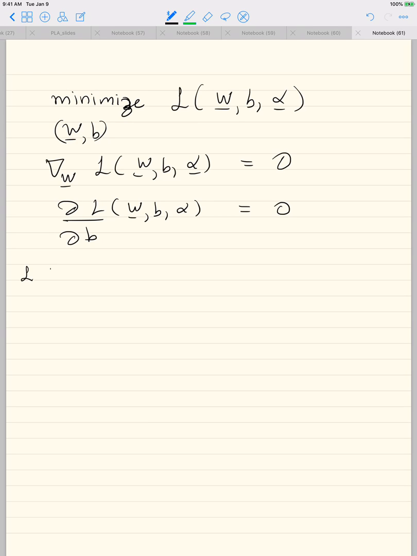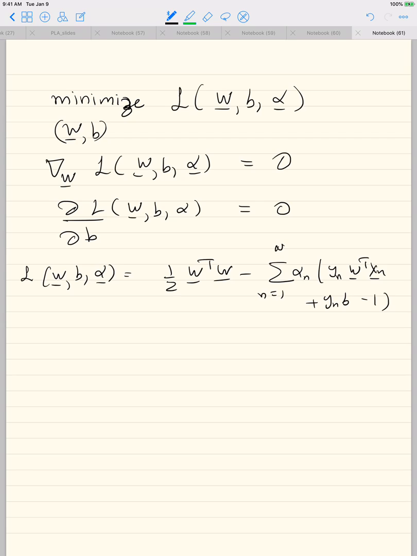If you recall, L of W, b and alpha is half W transpose W minus the sum over n equals 1 to capital N of alpha n yn times (W transpose xn plus yn b minus 1). It turns out that the gradient with respect to W is easy to compute.